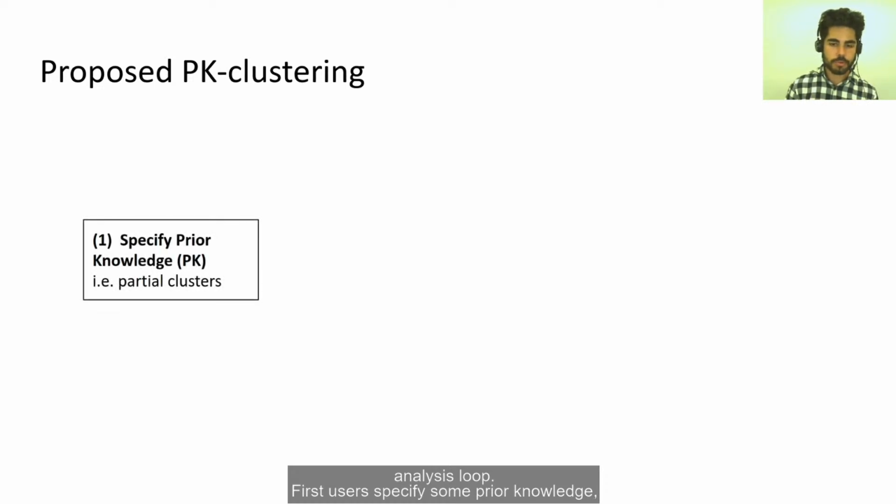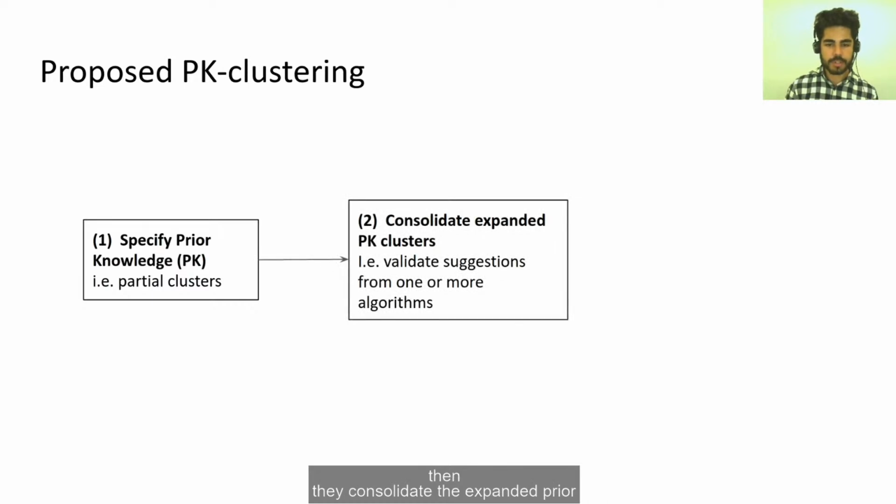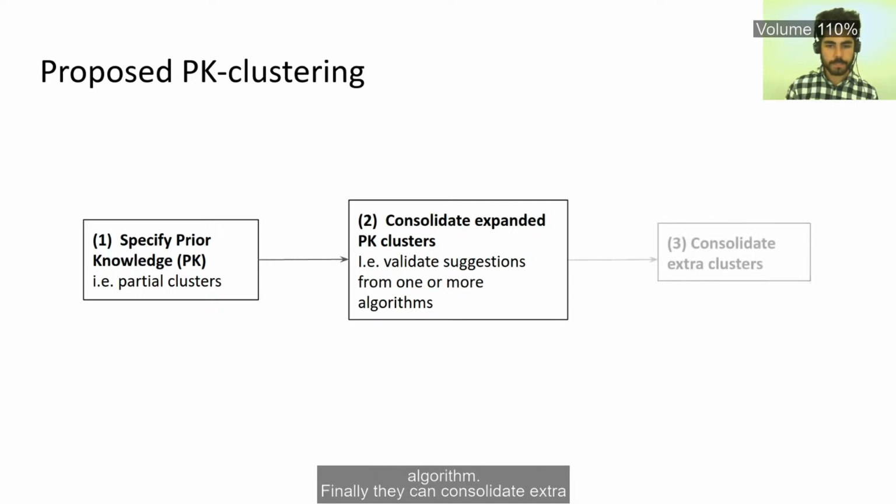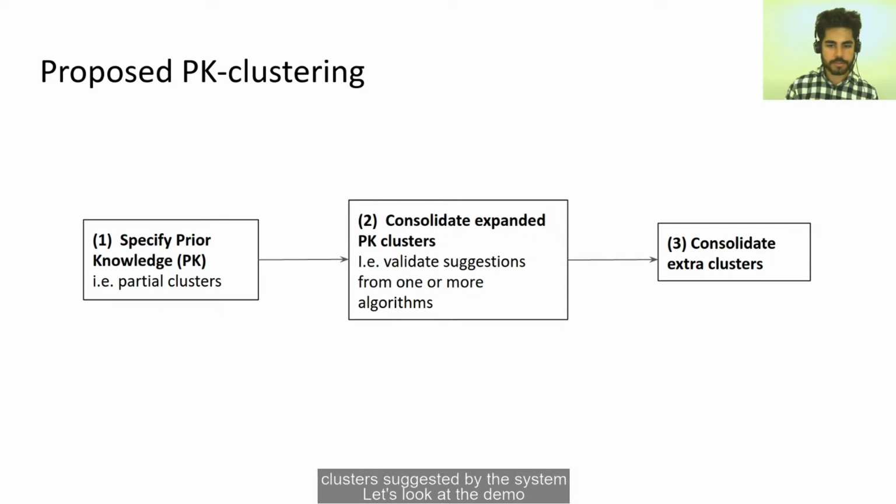First, users specify some prior knowledge. Then, they consolidate the expanded prior knowledge clusters with the suggestions of one or more algorithms. Finally, they can consolidate extra clusters suggested by the system. Let's look at the demo.